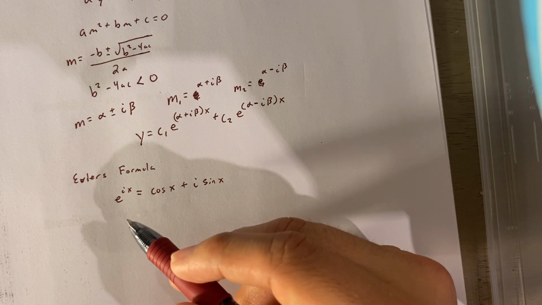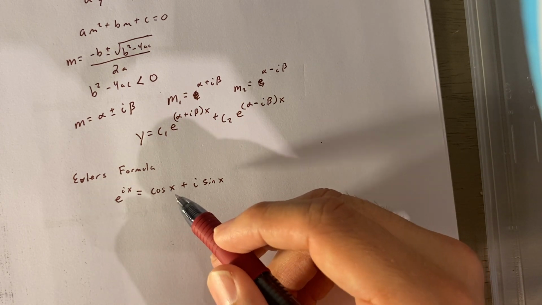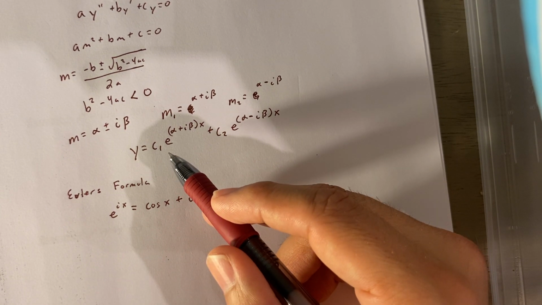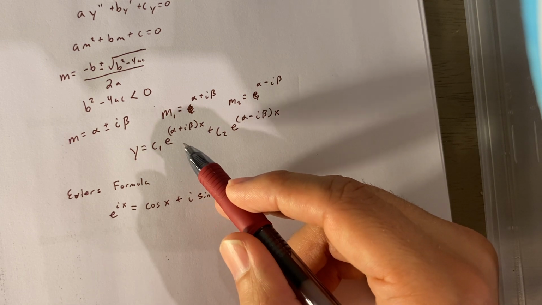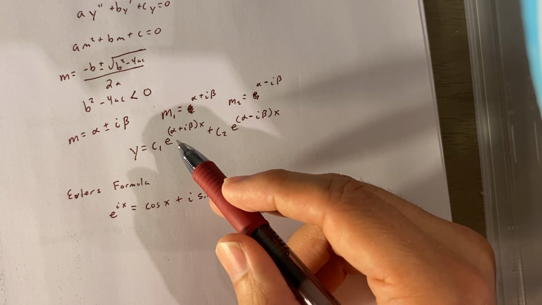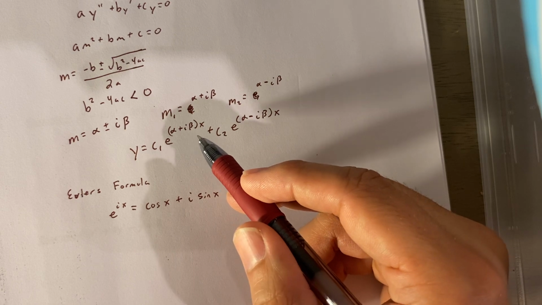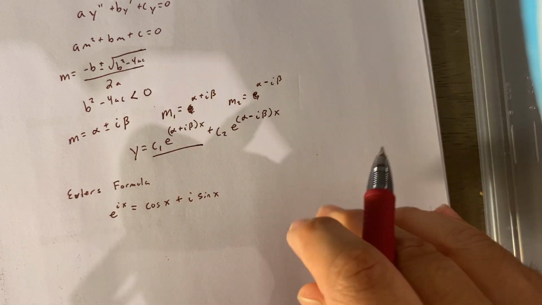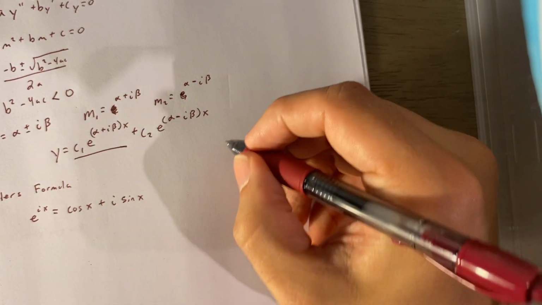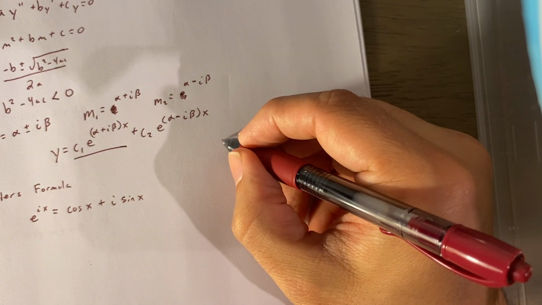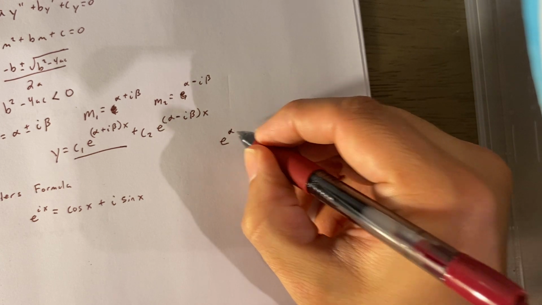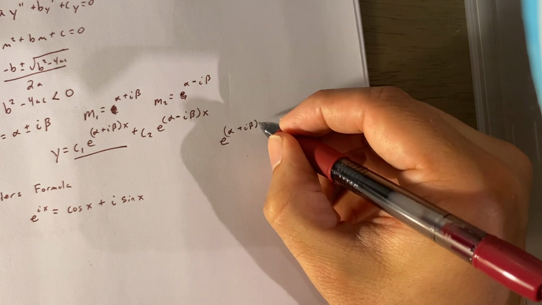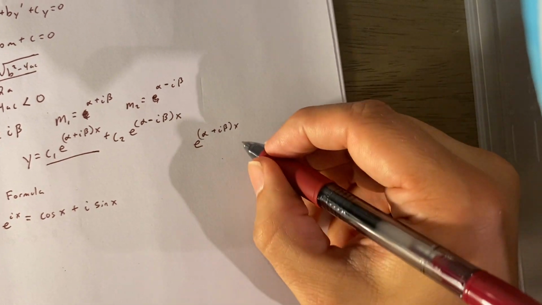Now, we don't have everything in terms of this, but if I look up here and I see, hey, here's my c sub 1, it's e to the alpha plus i beta x. I can use this solution right here. So if I take this first solution and look at it as e to the alpha plus i beta x, I'm just going to rewrite it real fast and then try to simplify this.